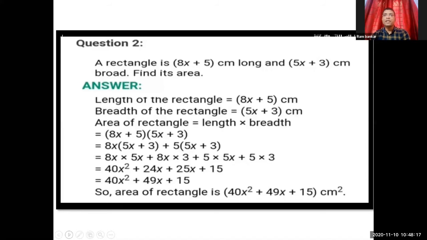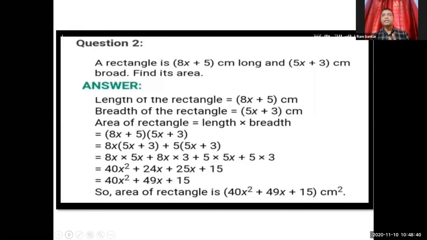Okay, everybody knows that rectangle. Look at the slide. This slide is also in rectangle form. Okay, not square, not triangle. So the length is 8x plus 5 and the breadth of the rectangle is 5x plus 3. Okay, length is given.